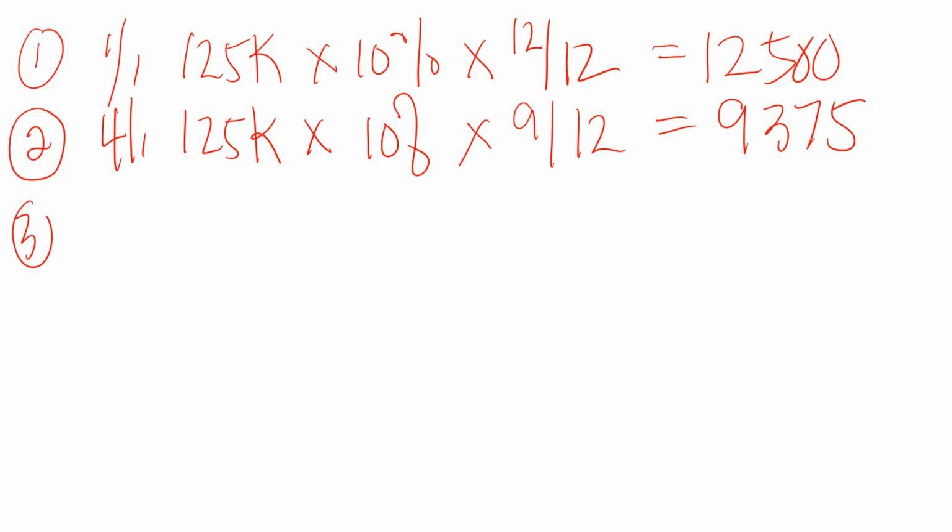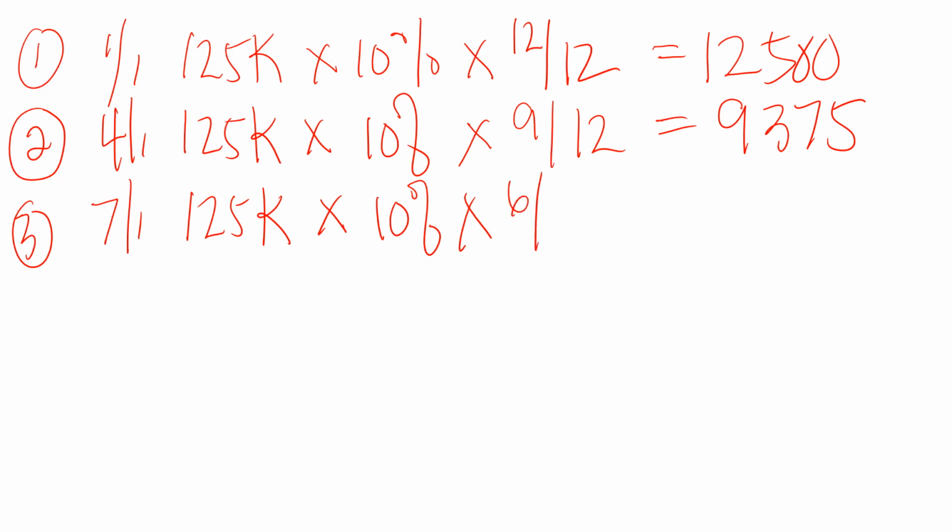Number 3, so yung third 125,000 was received on July 1. So, nakuha ulit natin yung another 125,000. So, i-multiply ko ulit ng 10%. I-multiply ko ng 6 over 12. But 6 over 12, from July 1 to December 31, that's 6 months. So, lalabas, this is 6,250.